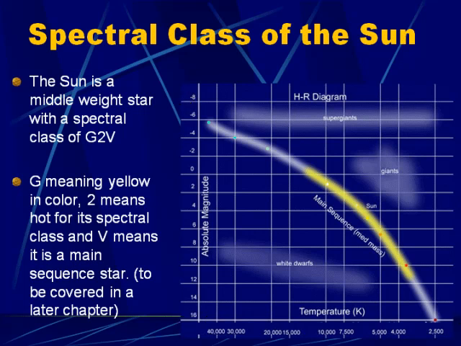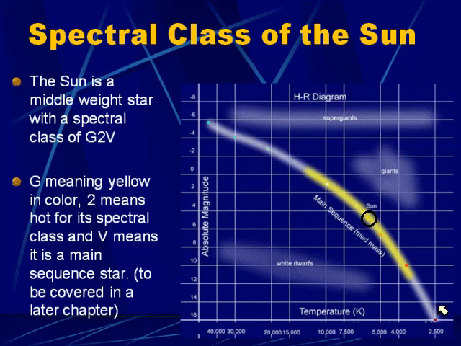In any case, when we're looking at the sun, it occupies a position nearly at the center of this diagram. What that means is that the sun is sort of middle in terms of properties of all the stars. It's what's called a G2 V. G2 represents the fact that it's sort of moderate in temperature.